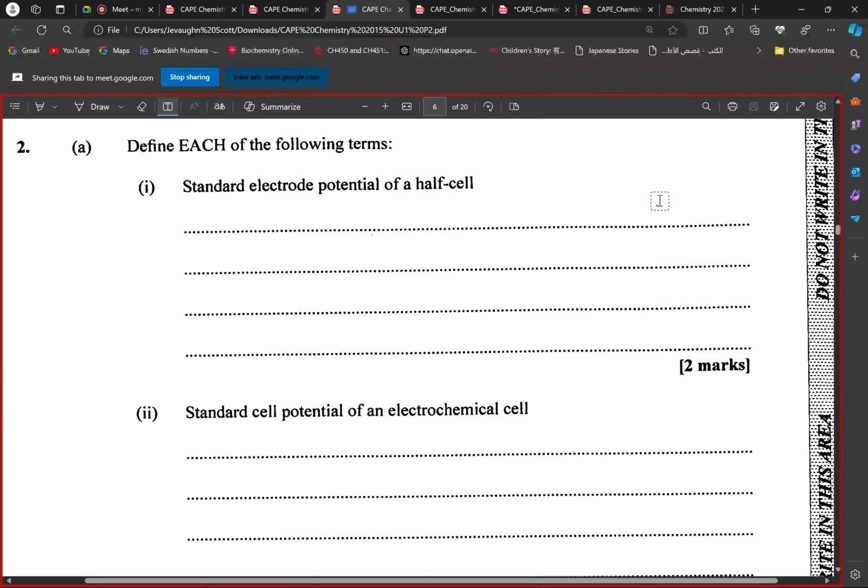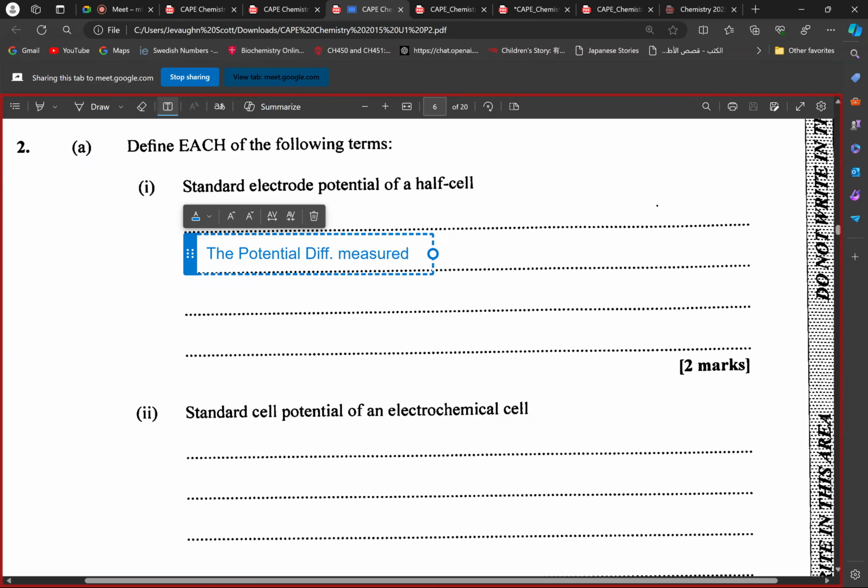Two marks. The standard electrode potential of a half cell: this is the potential difference measured from a half cell.